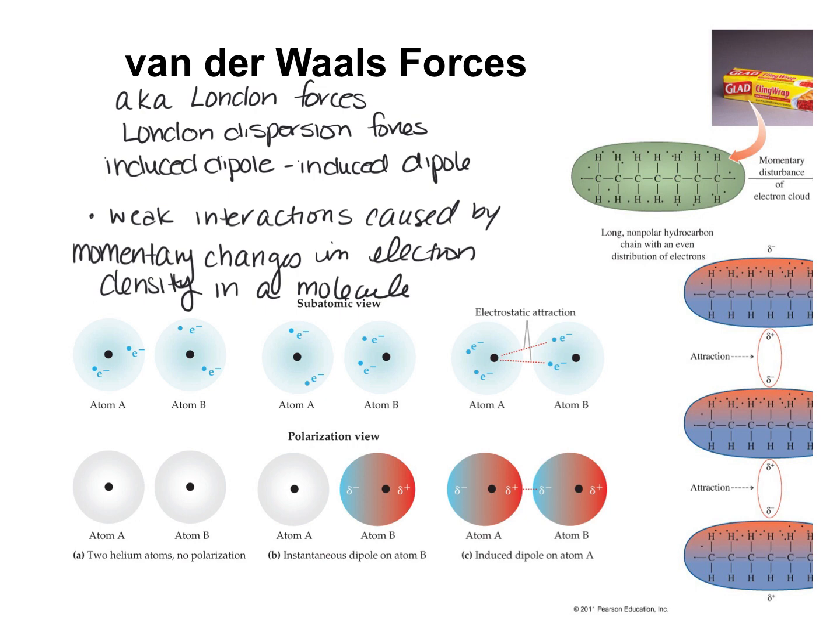Now, what do I mean by this? I want us to look at two atoms. These are helium, but this would be the same thing in methane. We've got electrons that are dispersed, and all of a sudden those electrons run over to one side. This causes this side to be partially negative.